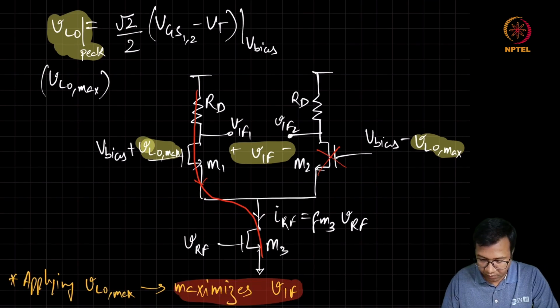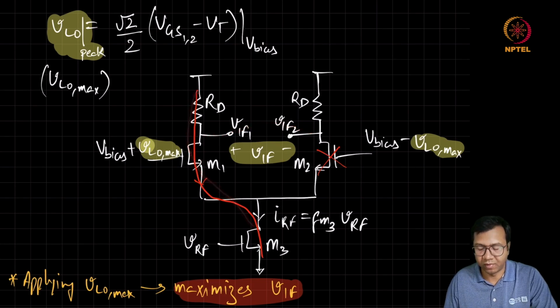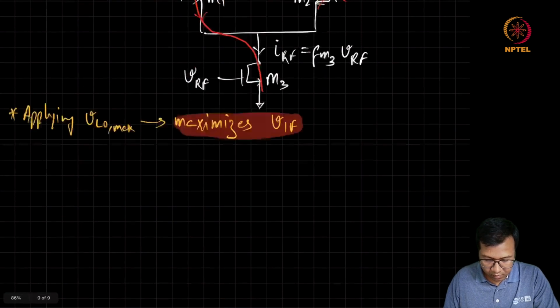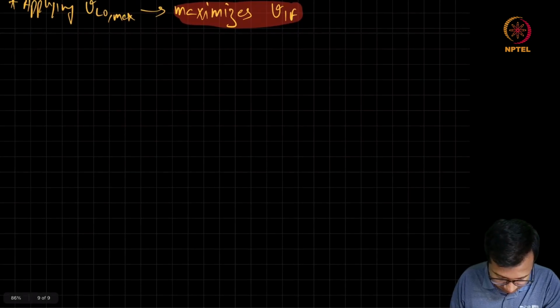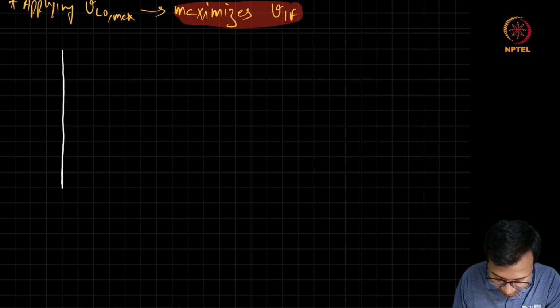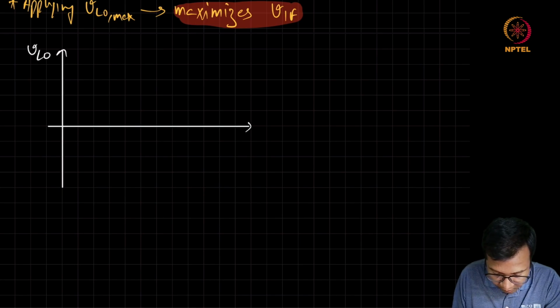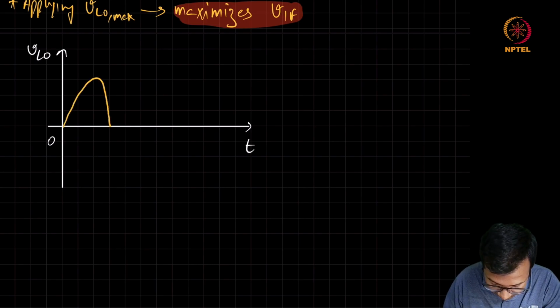So this is a really useful situation, and we can see that if VLO is a sinusoid, then periodically we'll be steering current either towards the M1 side or towards the M2 side. So if we take this VLO signal, if I plot this VLO of time, let's say it's a sinusoidal signal.